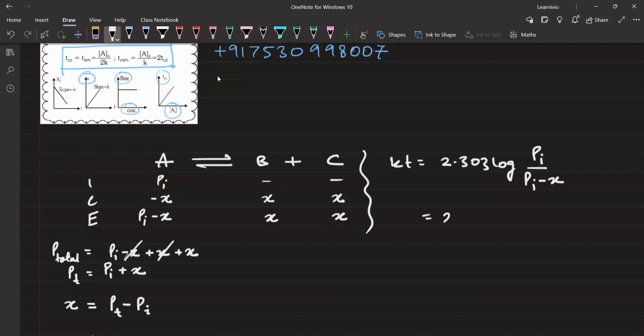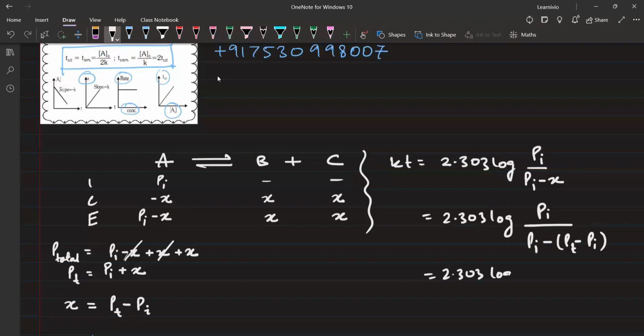Now this will be equal to 2.303 log of Pi upon Pi minus, if I put here, P total minus Pi, and this will be equal to 2.303 log of Pi upon Pi minus P total plus Pi, because when I open the bracket, minus minus will become plus, and Pi plus Pi will be 2Pi minus P total.